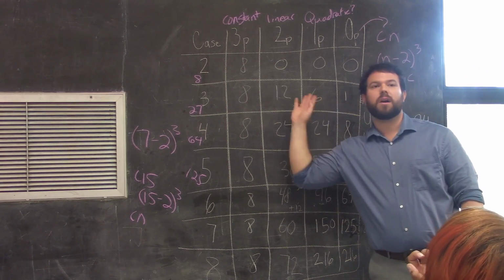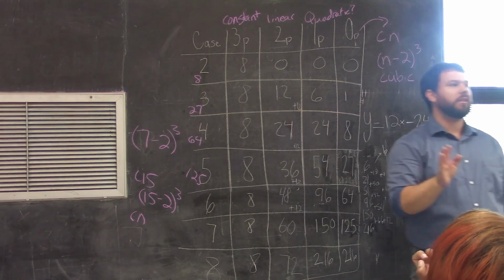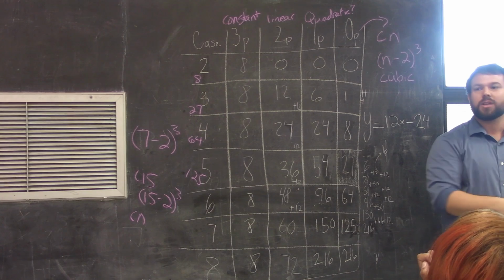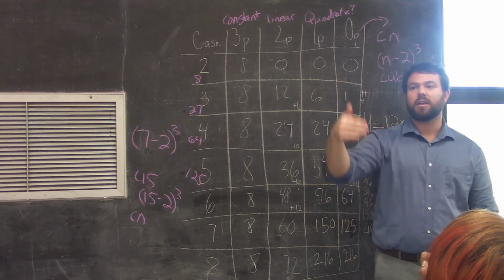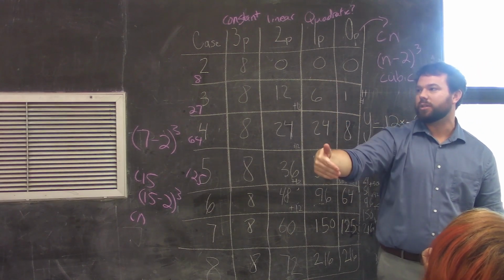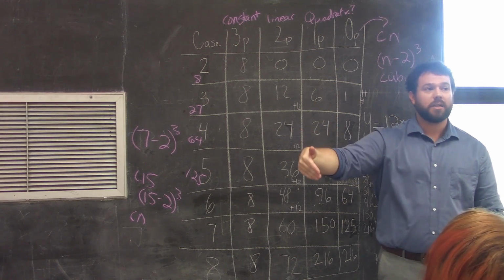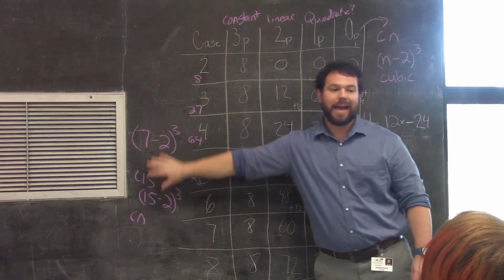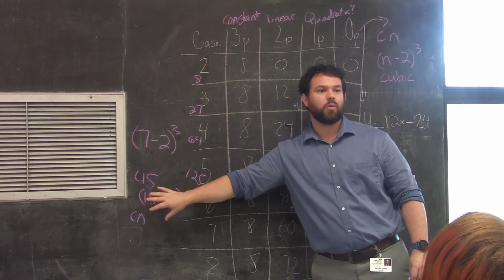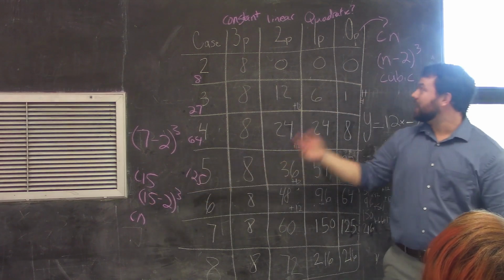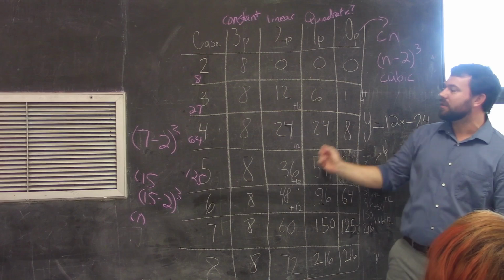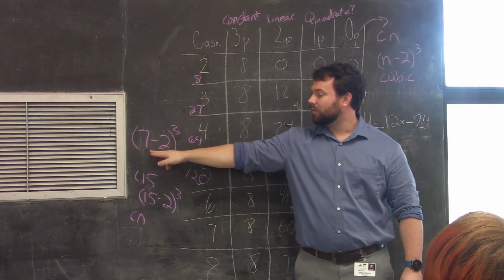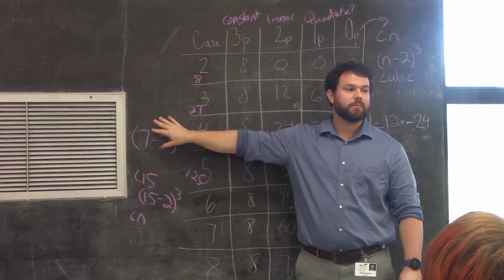What did we get to find in the table that we wouldn't necessarily see in other places? Patterns. Math at its core is the study of patterns and relationships. That's what math is. And so I just want to emphasize and point out, you're finding a pattern here to write this equation, right? To get the number of 0 painted faces, we just took the case number, we subtracted 2 from it, and then we cubed it.